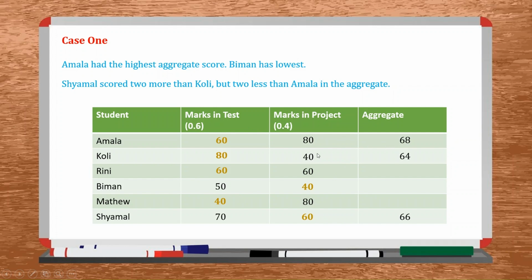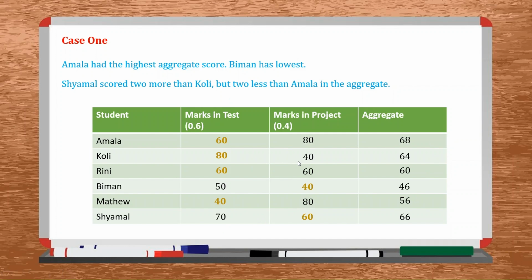Now let me calculate the other aggregates as well. For Rini it would be 60. For Biman it would be 0.6 into 50, which is 30, plus 0.4 into 40, which is 16. So I'll have 46. Again for Matthew it would be 24 plus 32, which is 56. So this is one possible solution that I get after solving for case number 1.